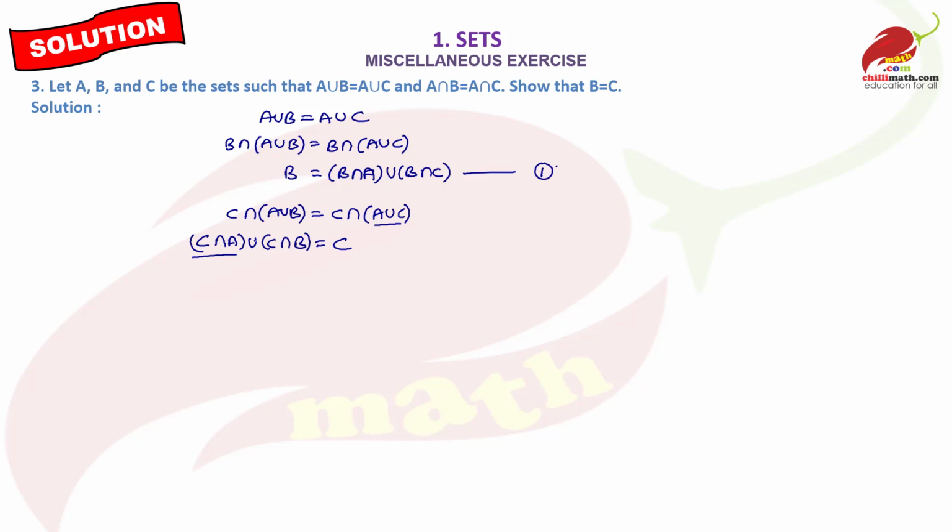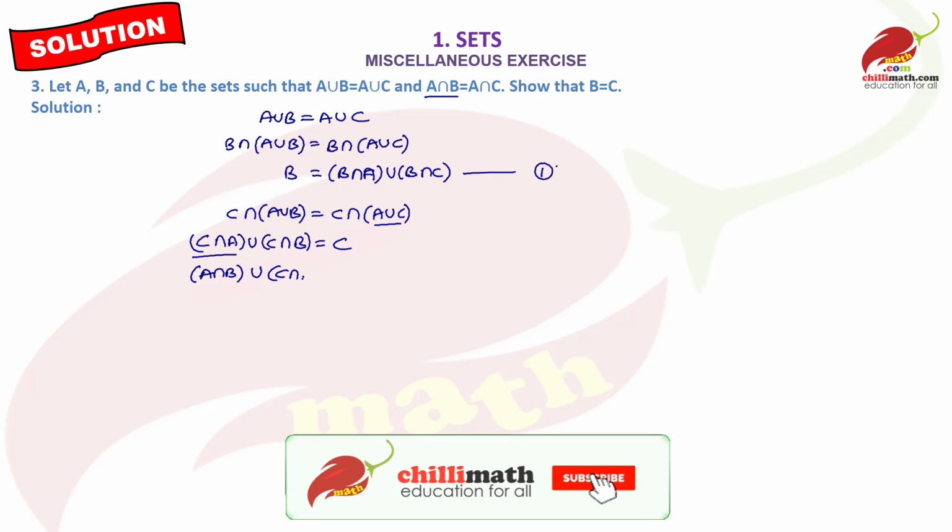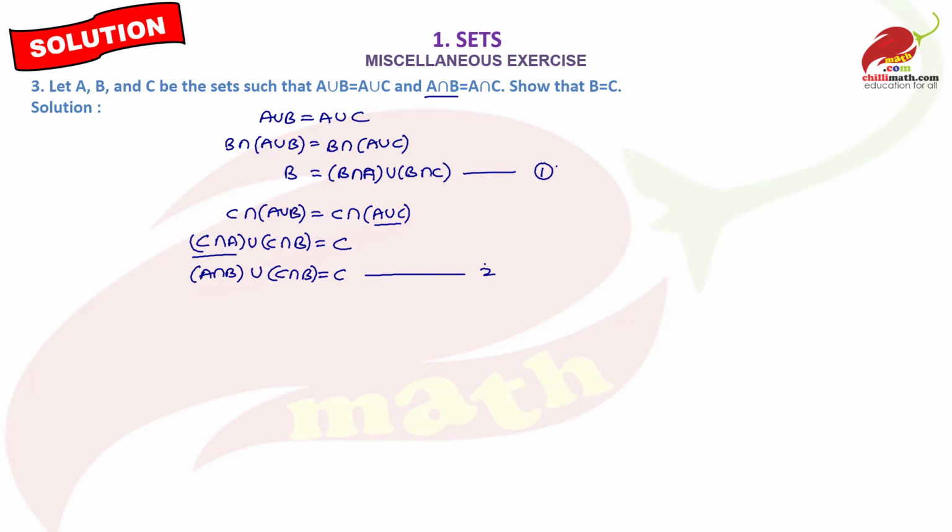C intersection A is equal to A intersection B. So we are using what is given. So let's mark this as equation number 2. So from 1 and 2, because the right hand side of first is equal to the left hand side of second, so the left hand side of first will be equal to the right hand side of second. So that is our answer.